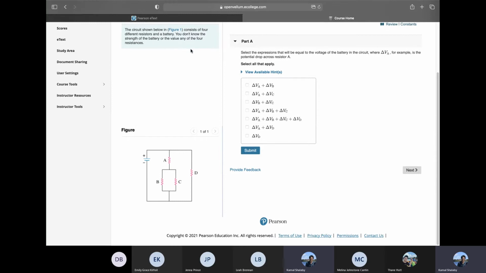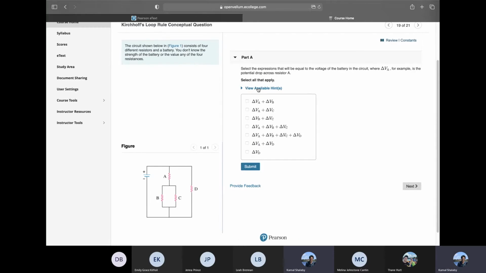You don't know the strength of the battery or the values of any of the 4 resistances. Select the expressions that will equal the voltage of the battery, where delta V_A, for example, is the potential drop across the resistor.